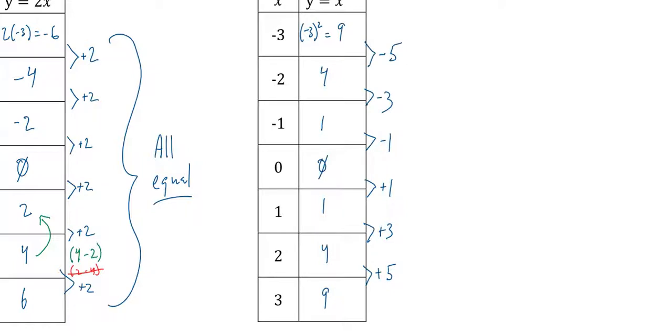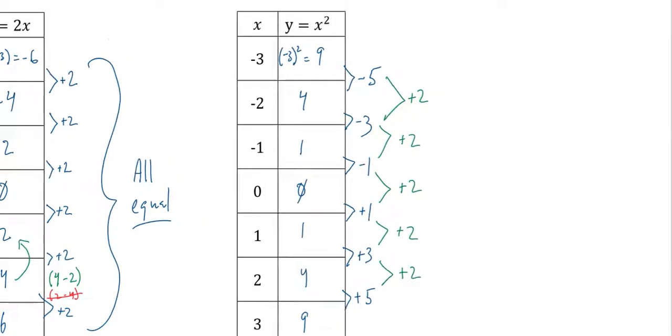From negative 5 to negative 3, we do it with these ones this time. What's negative 5 to negative 3? Increase of 2, up 2, plus 2. Negative 3 to negative 1, up 2. Negative 1 to positive 1, up 2. 1 to 3, up 2. 3 to 5, up 2. Now that we've done this twice, we can talk about this.